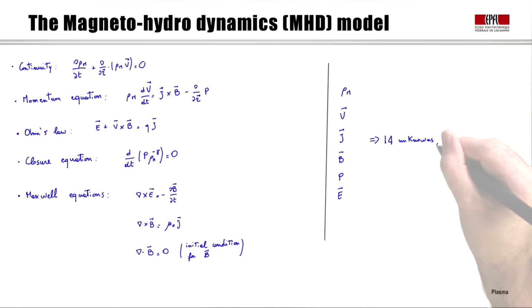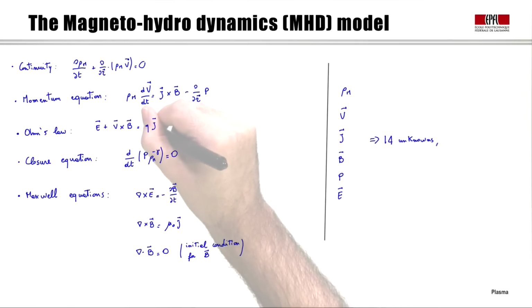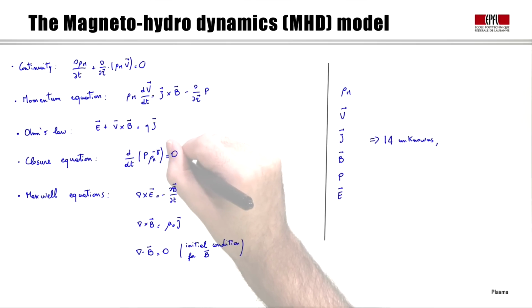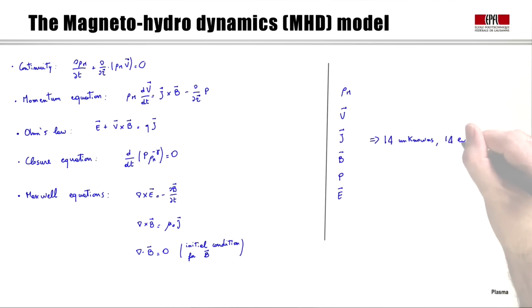And how many equations? We have 1 plus 3 plus 3 plus 1 plus 3 plus 3. 14 equations.